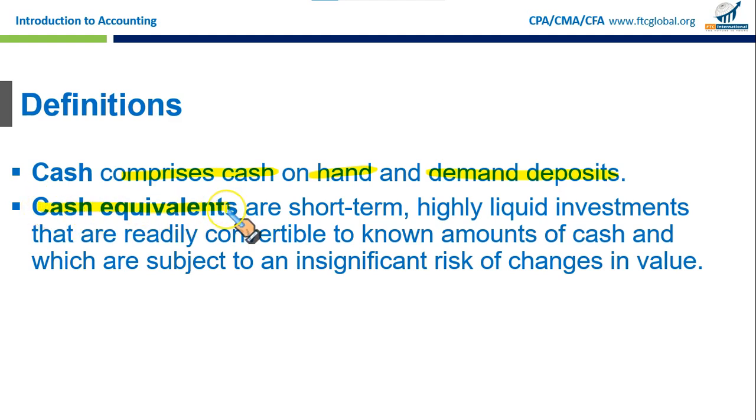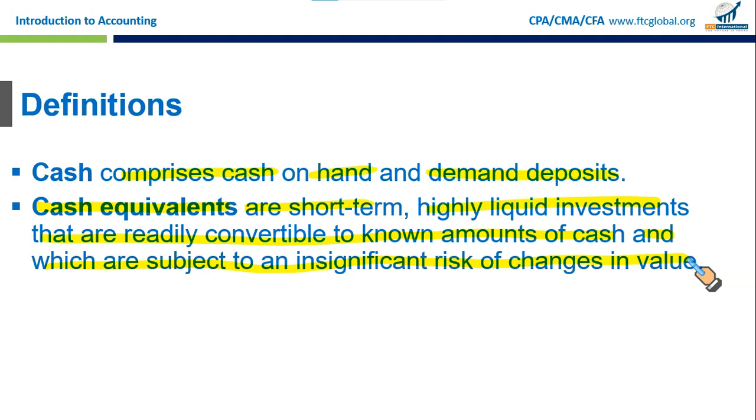Next, it says cash equivalents. These are short-term, highly liquid investments that are readily convertible into known amounts of cash and which are subject to an insignificant risk of changes in value. What does it mean? These are short-term investments that are highly liquid, meaning they can be quickly and easily converted into a known amount of cash.